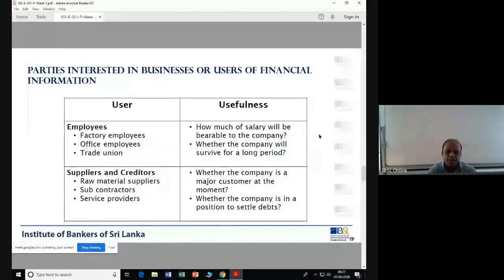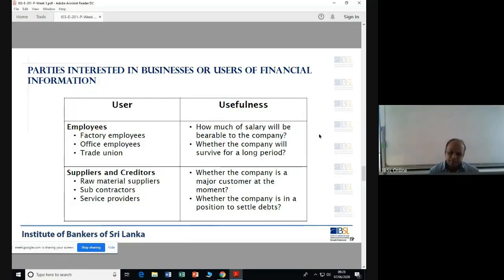So the suppliers and creditors will watch me carefully, my performance, to see whether I am in a position to repay them. The moment I show signs of not paying them, they will stop their supplies and providing services.